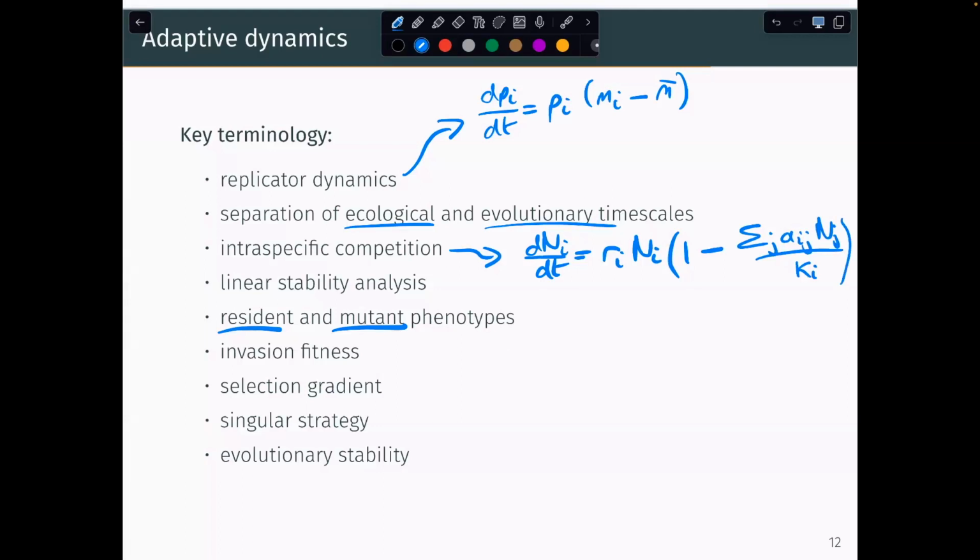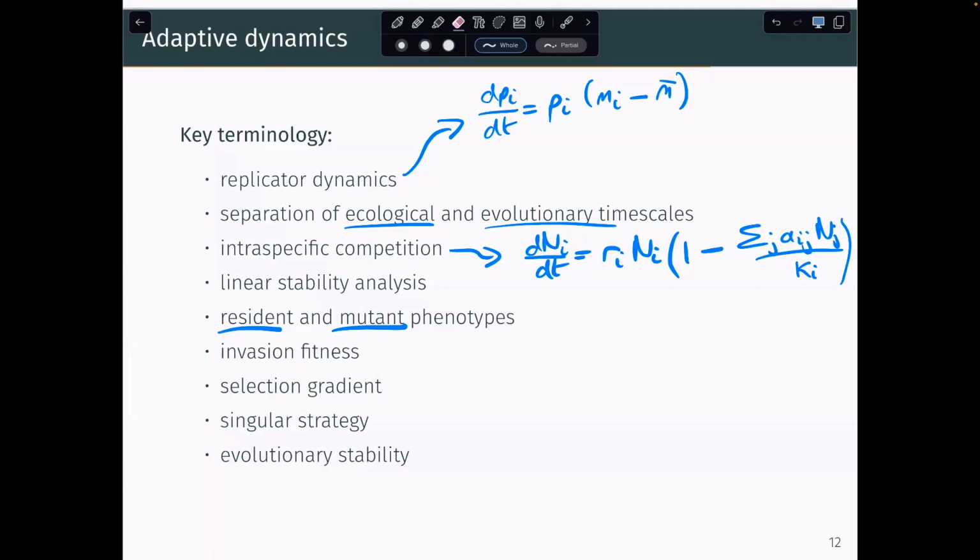We sum over all phenotypes in the population, and we divide by the carrying capacity for phenotype i. This is the Lotka-Volterra competition model. Again, we'll be coming back to this. This isn't an equation you need to memorize. It's just to remind you, this idea of competition is really important. We can go from this kind of ecological model to an evolutionary model by thinking about separating timescales.